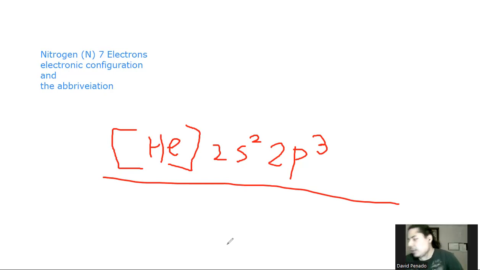Actually, before we continue on, give me the electronic configuration of argon. Argon. Okay. And the long one. 18, right? And that one has 18 electrons, yes.